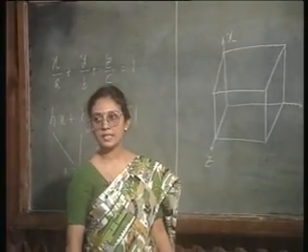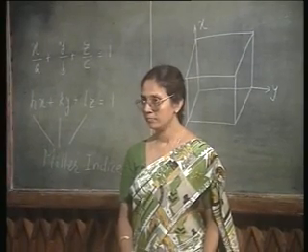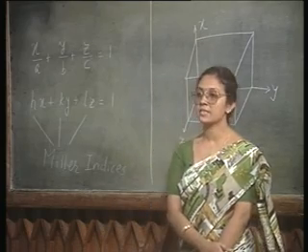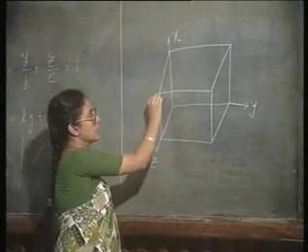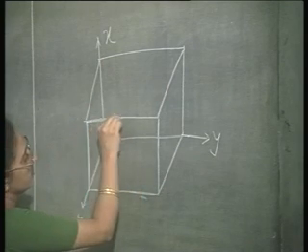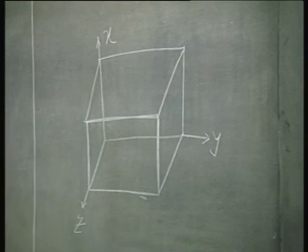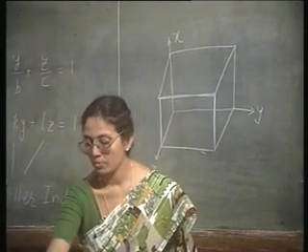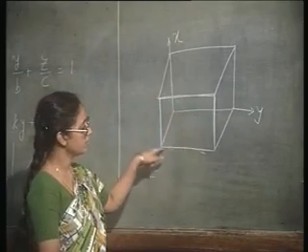And the planes are commonly referred to by these Miller indices, h, k, l values that actually defines the plane. Coming back to this diagram, let us consider this plane. This plane, or this plane you could say, on the board you can see this is the plane.